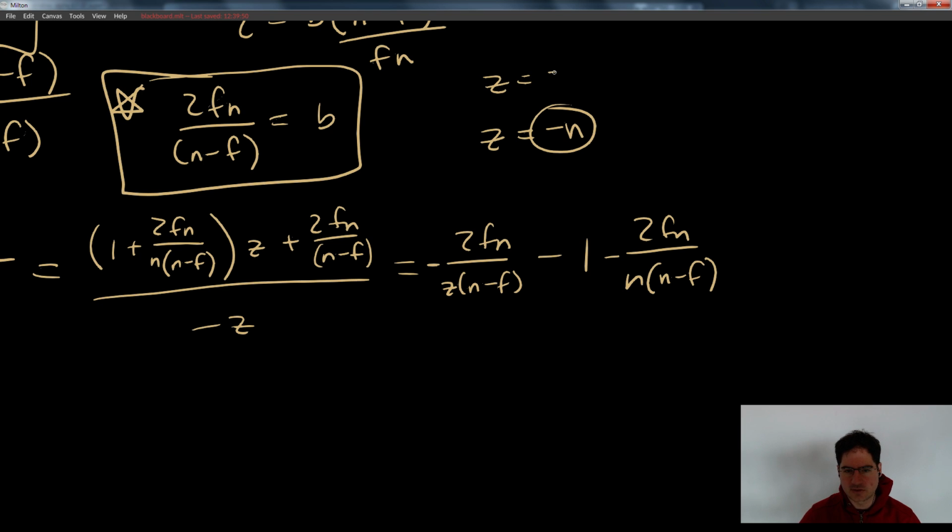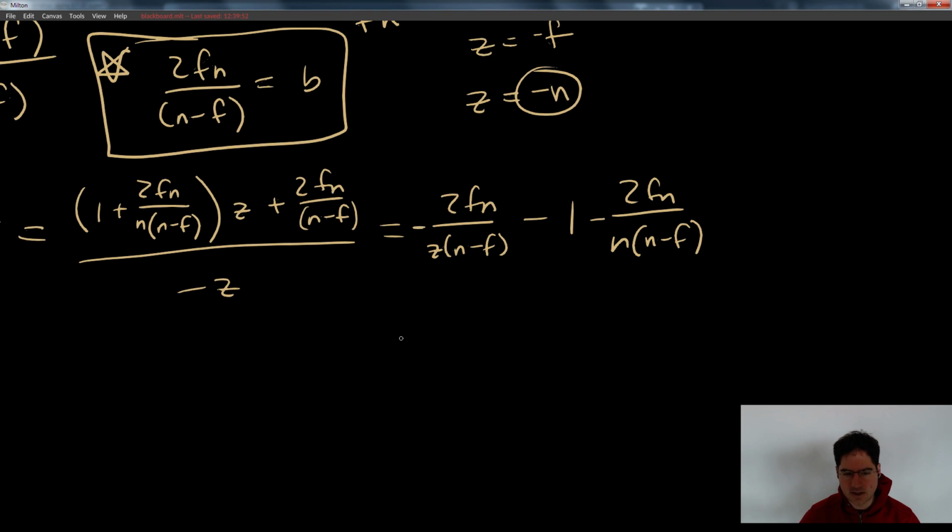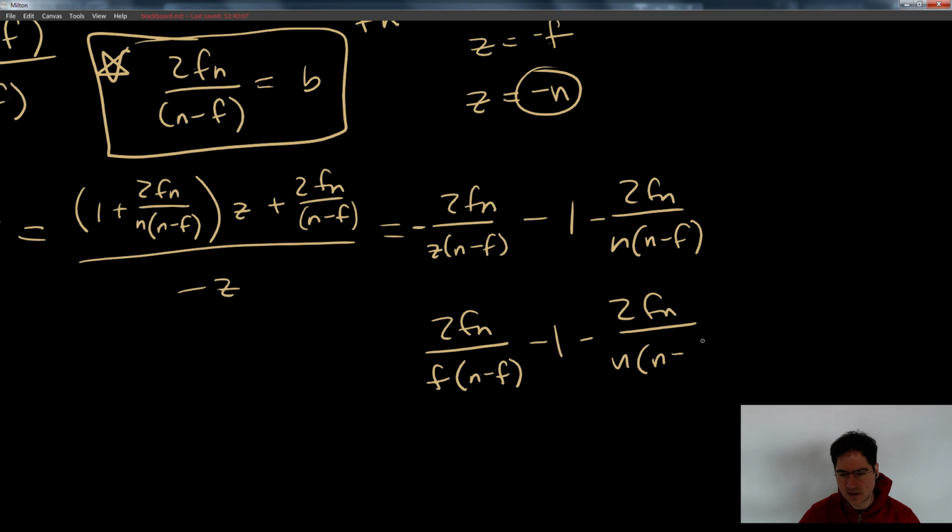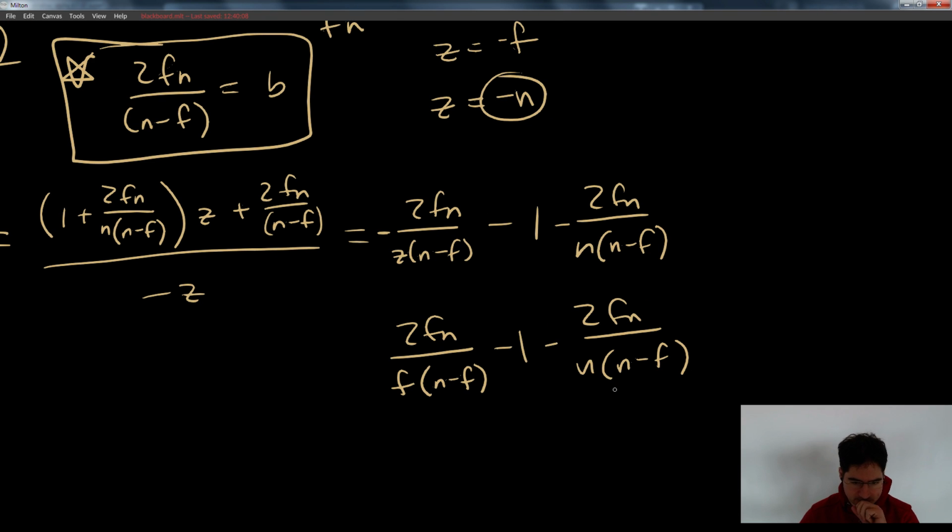So the only question is, does negative f work? And in that case, we would get 2fn. Actually, this becomes a plus. So 2fn over fn minus f minus 1 minus 2fn over n minus f, right?